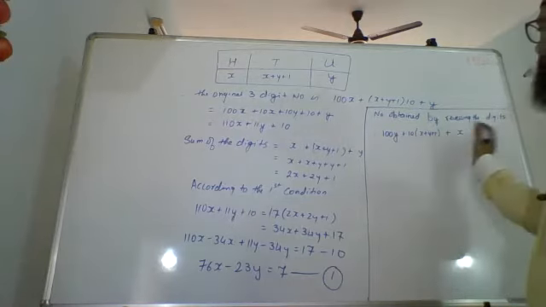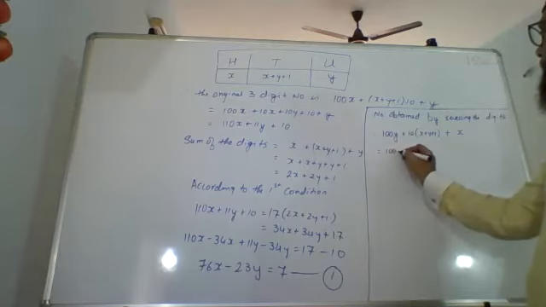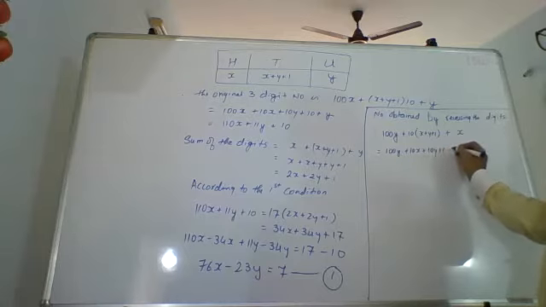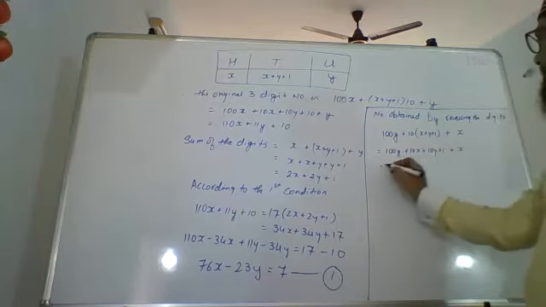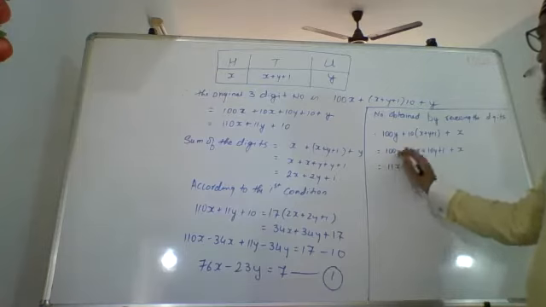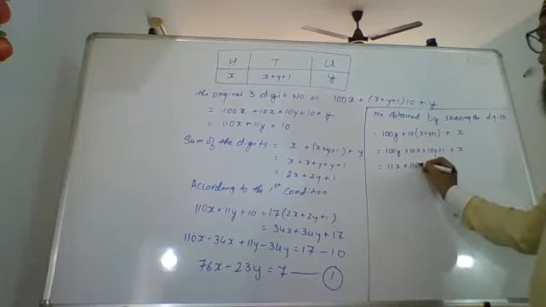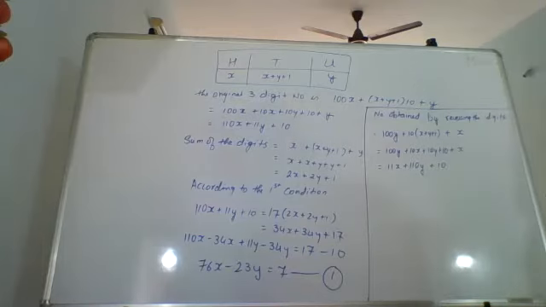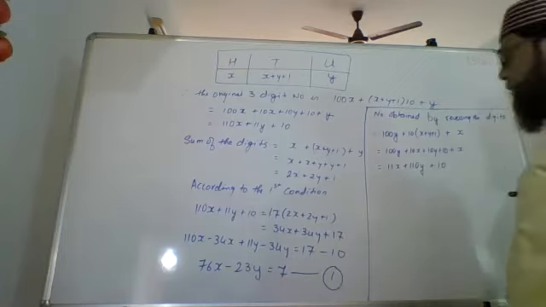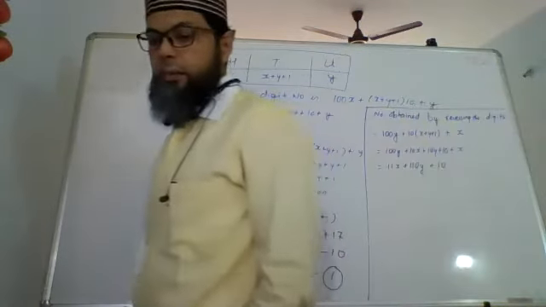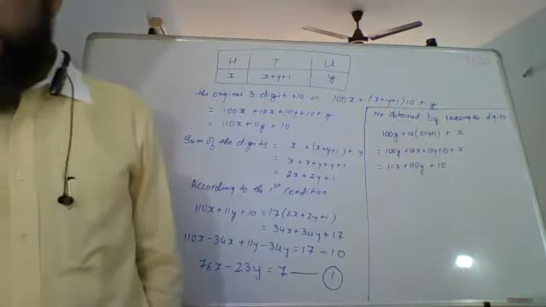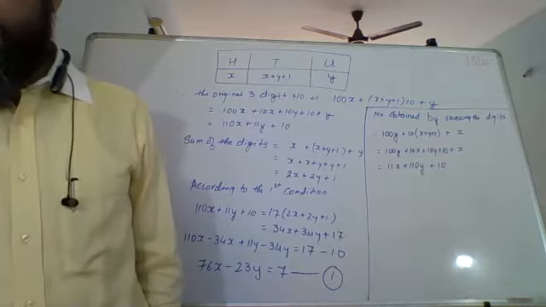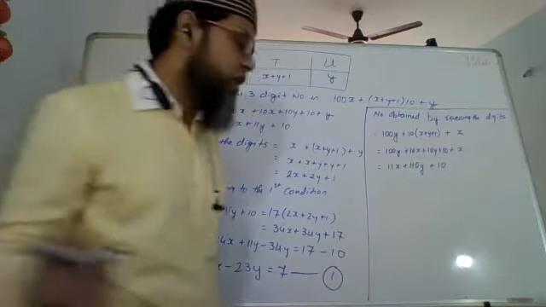Expand the bracket: 100y plus 10x plus 10y plus 1 plus x. 10x plus x is 11x, and 100y plus 10y is 110y, so 11x plus 110y plus 10. Okay. Now what does it say? The digits are reversed. The new number is 198 more than the old number.